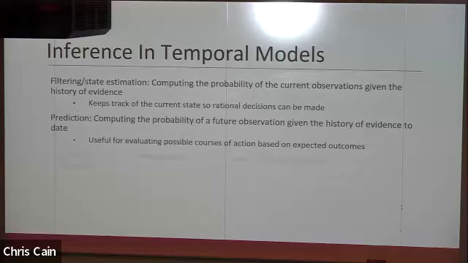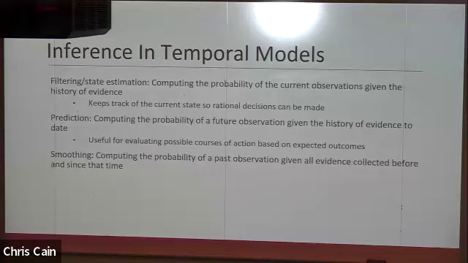Then the last one is smoothing, which allows us to take future observations and then make changes to the current observations based on the fact that we have a further sample. So this allows us to see the full history. We didn't have the information about tomorrow or the next day, but as we get that more information, the model is going to evolve because we have more information about more periods of time, and our estimates for what happened in the past are going to change based on the new information that we gather.